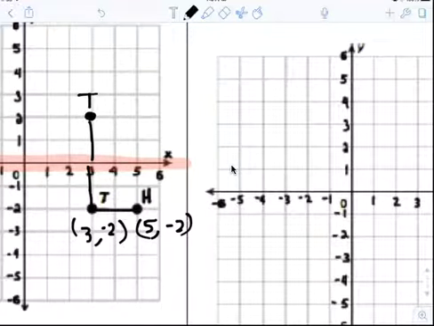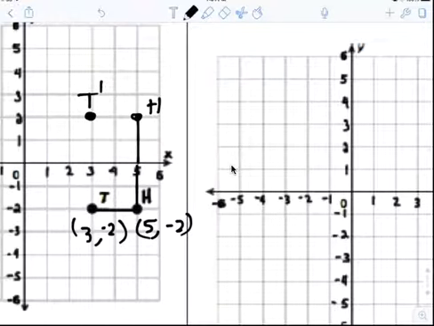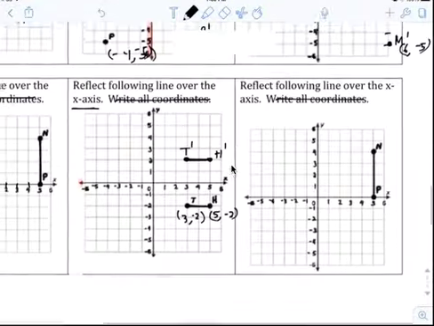There's T prime, and then erase your line. That's the image right there. 1, 2 away, 1, 2 away for Hector. H prime. Thomas and Hector are holding a line right there.